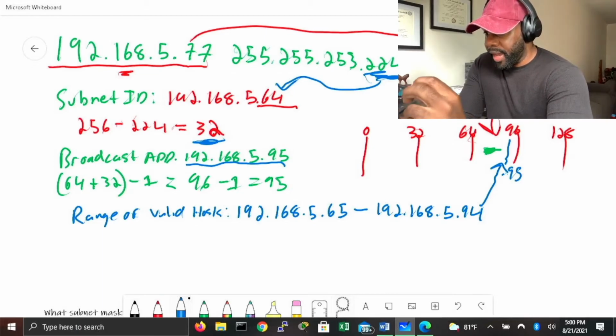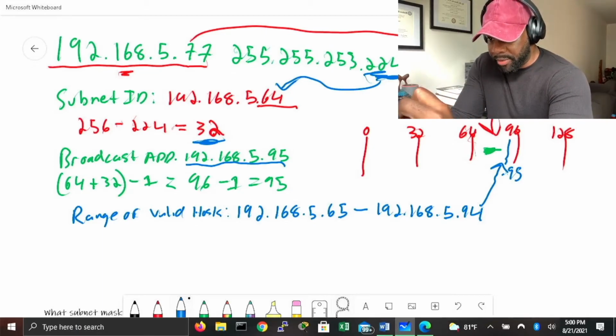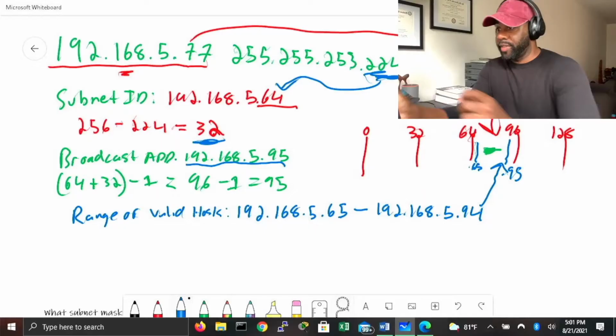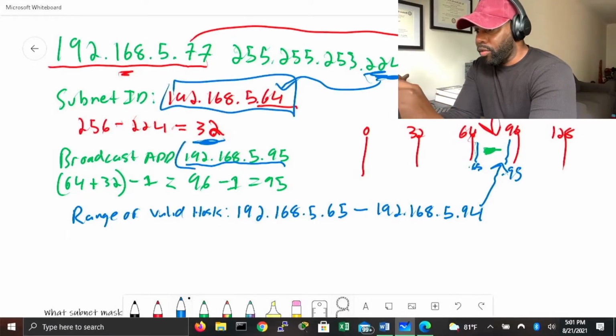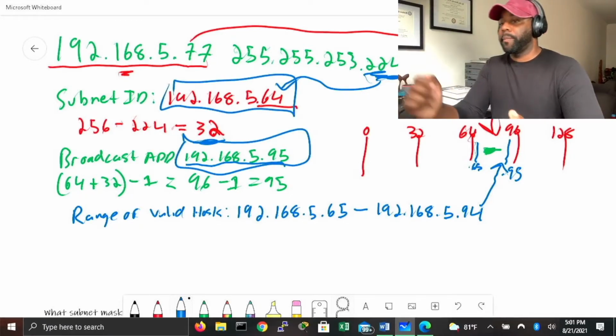And 65 is right after the subnet ID. Again, no host can have the subnet ID or the broadcast address as its IP address. Those are reserved for the subnet ID and the broadcast address. These are always reserved.